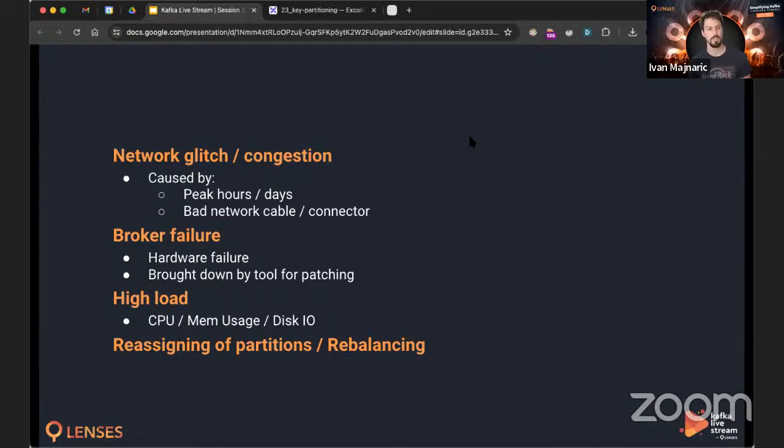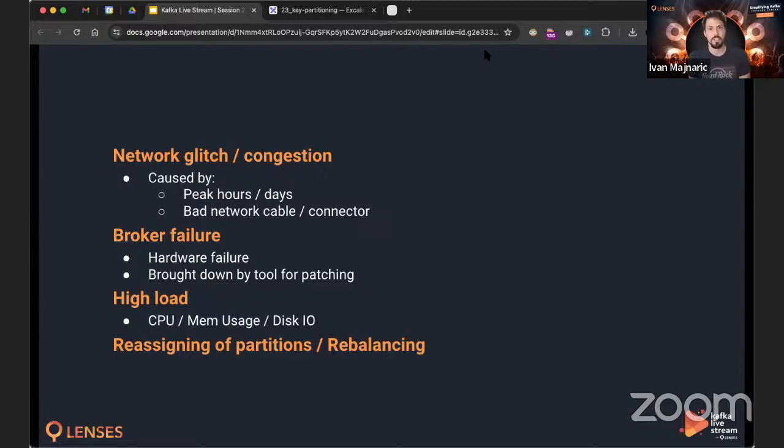Every time you rebalance or you run the reassigning partition tool, you will see a small spike of under-replicated partitions. Whether that's good or bad, it's not bad. But those types of scenarios can cause reassigning of partitions.